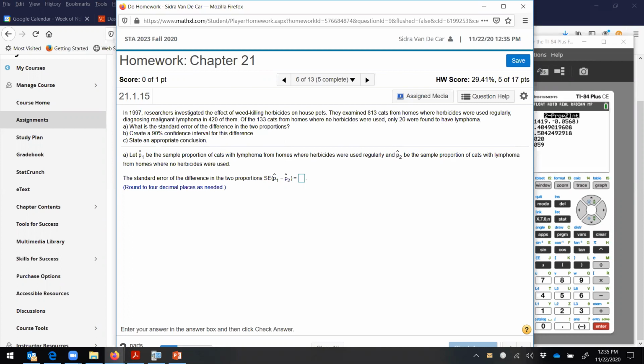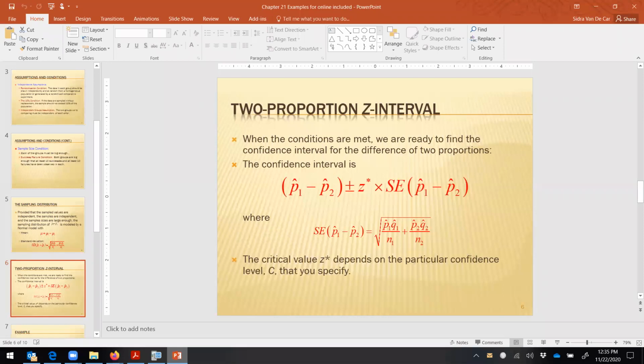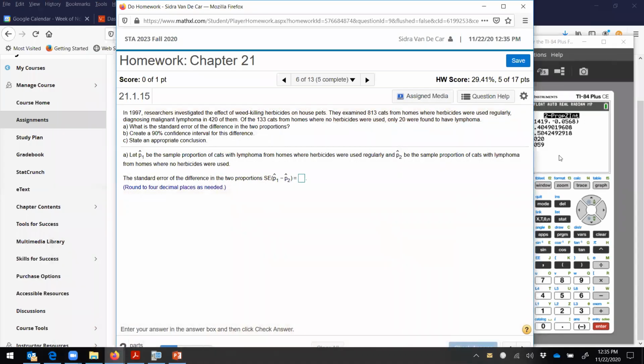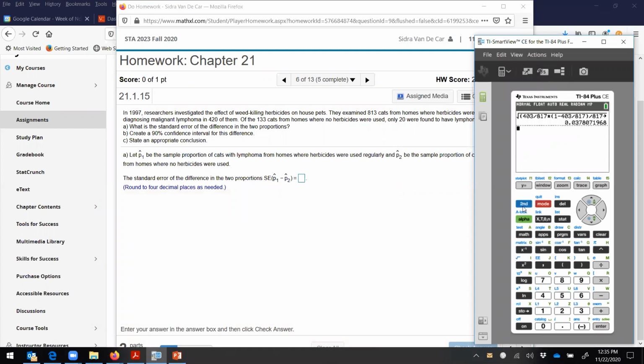Okay, so we can use our formula again to get that standard error if we like. So our p here is the 420 out of 813. So I'm going to go 420 out of 813 times 1 minus 420 out of 813, and then divide that number by 813.